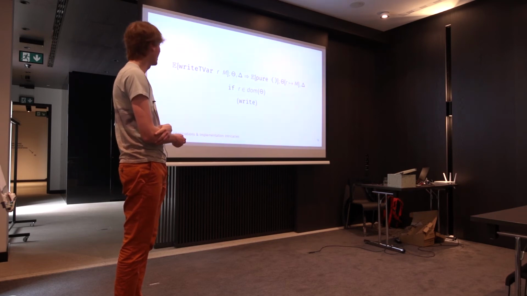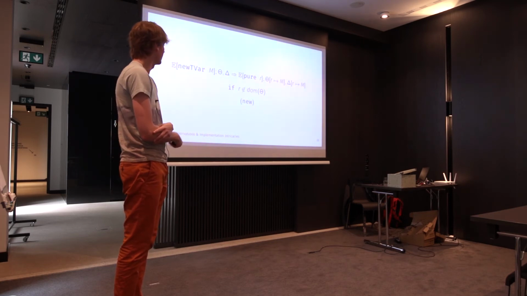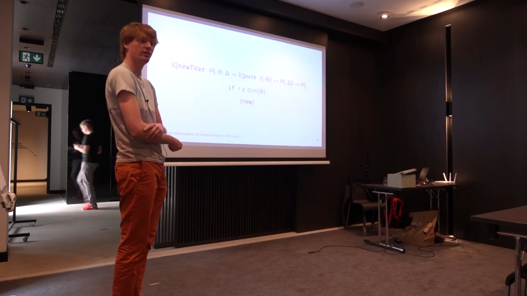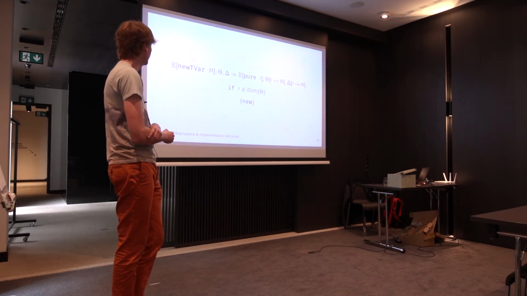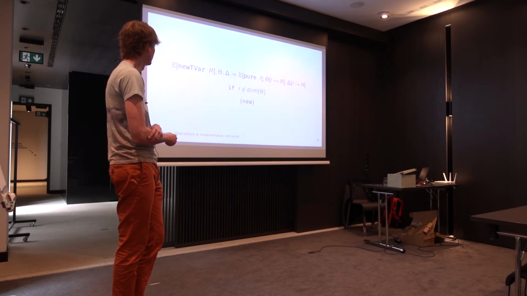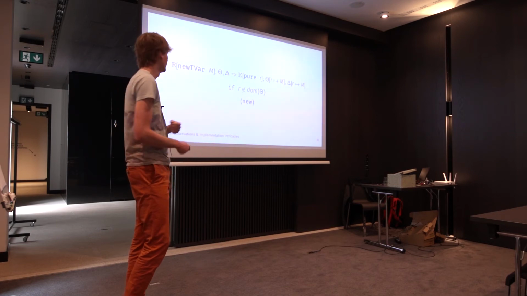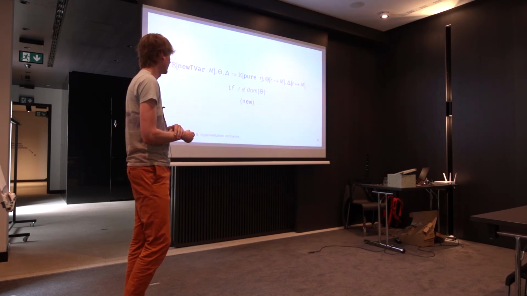So then we have another one, how we create new tvars, and then we'll learn about the allocation effects. If we have new tvar M, and we get an R, remember new tvar returns a tvar. So this has type tvar.